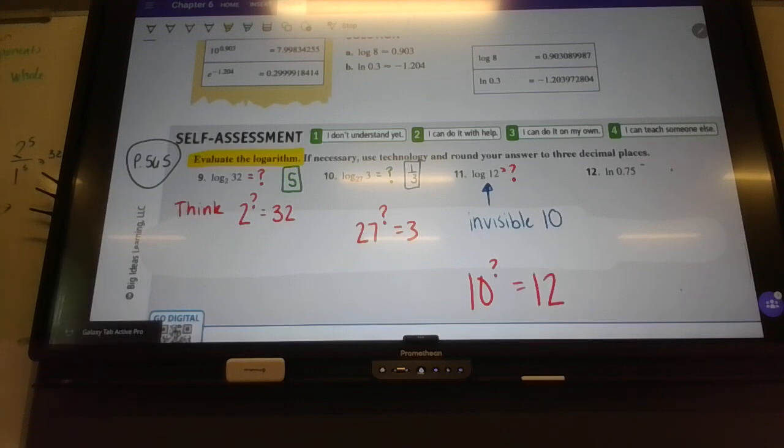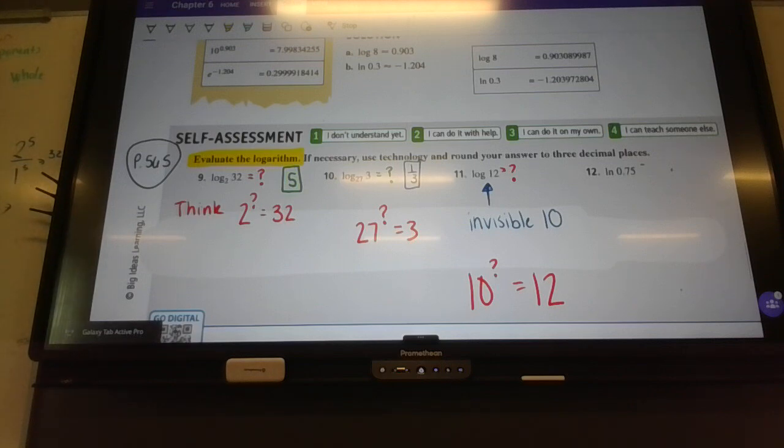Yeah, this is where I'm going to tell you a button on a calculator. The log button is here underneath the second button. You have to hit it twice to get log. And so that's log base 10. So hit it twice. It'll say log. And then we'll put in 12 and then hit enter.